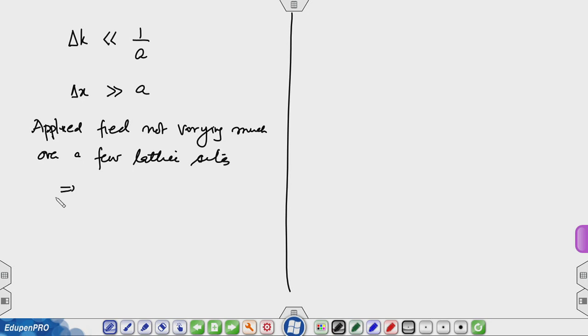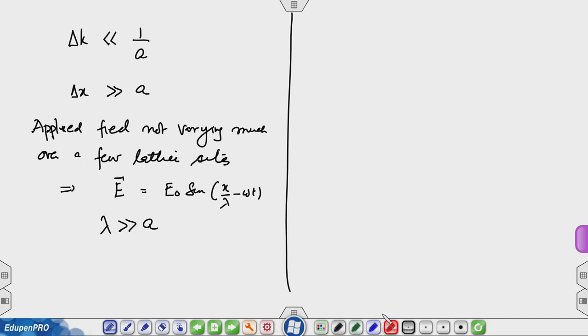And this means, if I have a wave-like applied field, say E equals E0 sin(x over lambda minus omega t), then lambda should be much greater than a. That is the limitation we are working in. That is not much of a limitation, because visible light is roughly 5000 angstroms, so the wavelength is much larger. So, we are okay. And since we are talking about wave packets, we are necessarily doing semi-classical dynamics.